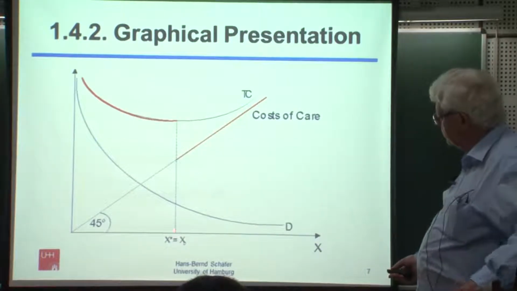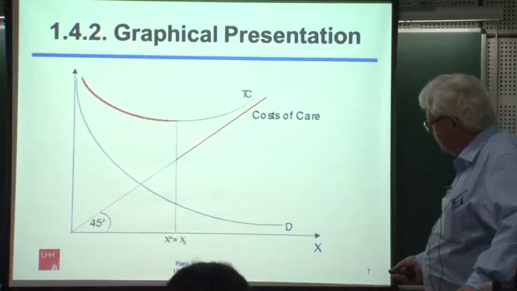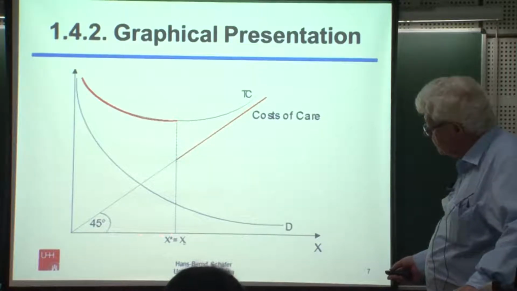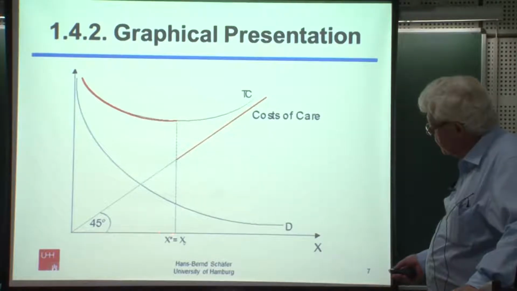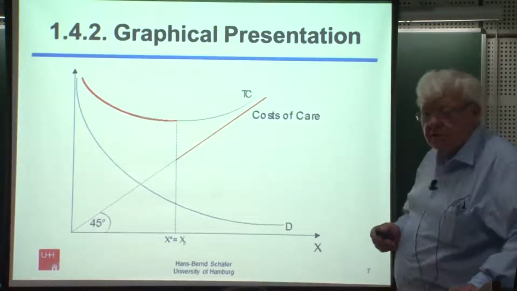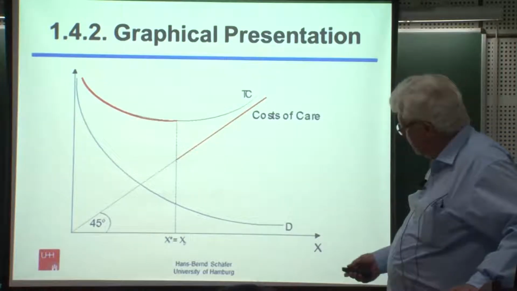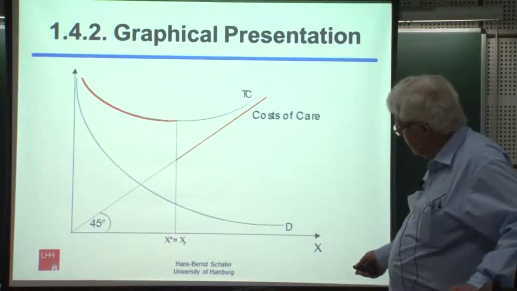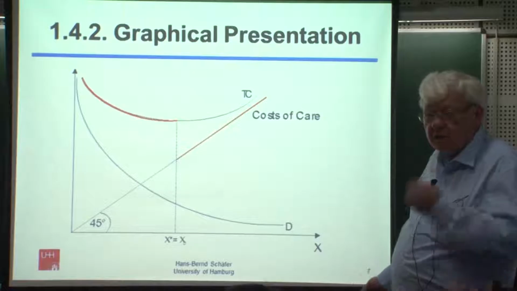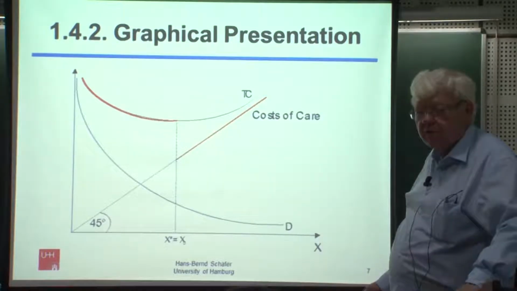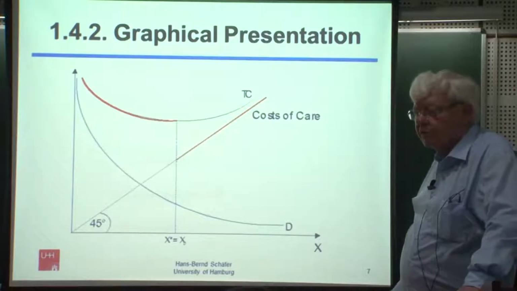Now, this has the following consequence. Whenever the actually observed level of care is in this range here, in this interval, the tortfeasor was negligent and must pay. If it is, however, in this range here, then the victim must suffer the damages and gets no compensation.